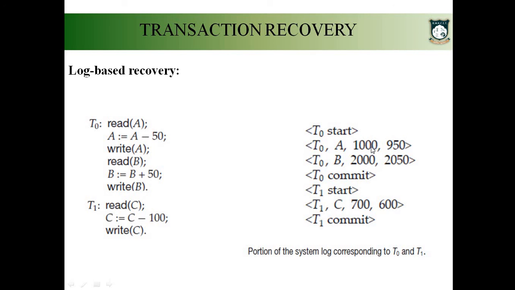So 1000 is the previous value of A and 950 is the new value of A. Then again you have an update on B, so you have an equivalent log record stating the initial value of B and the new value of B. Then you are writing B, so T1 commit. Like that, whatever operation you do in the database, you maintain equivalent information in the log file.